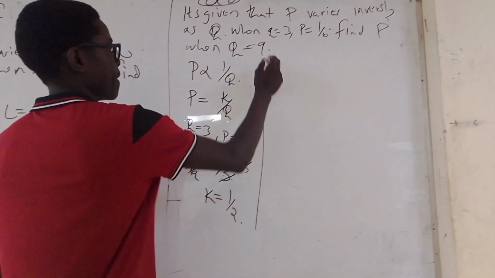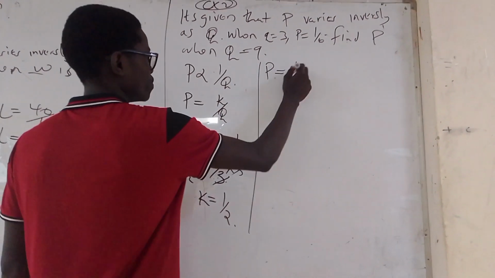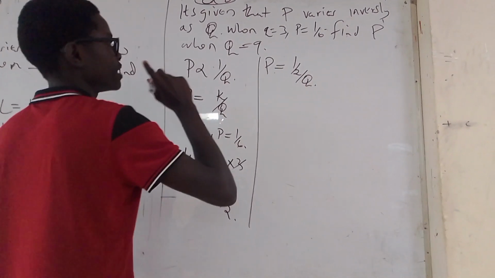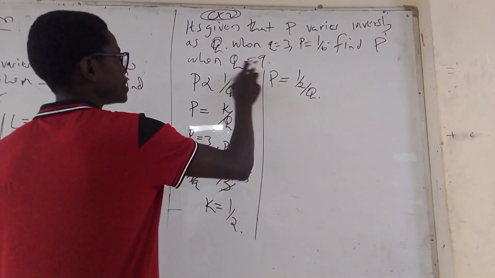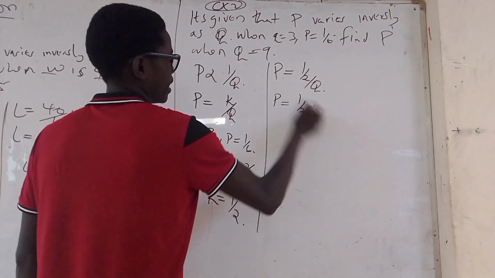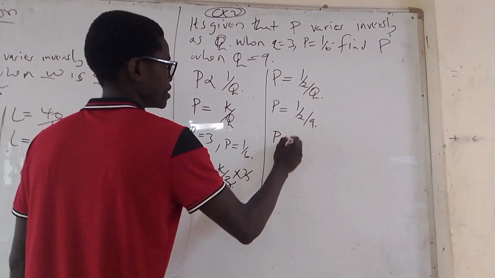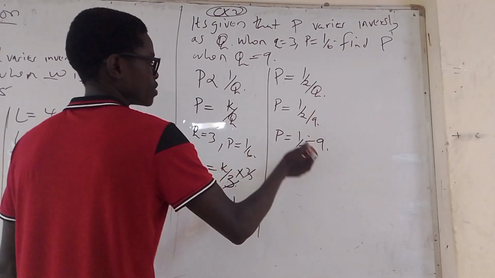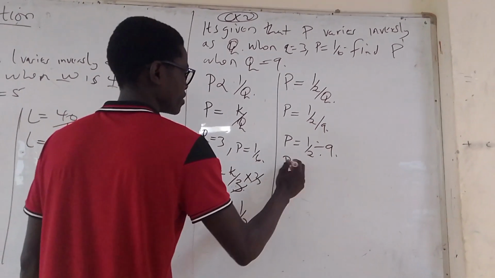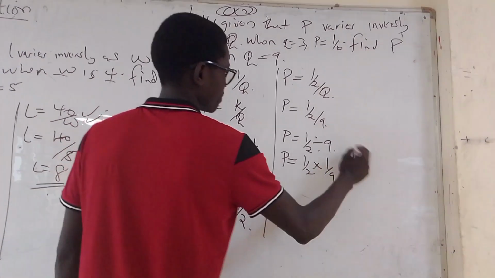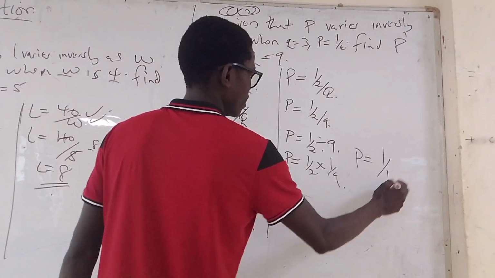We say P is equal to a half over Q. Then we need to get the value of P when Q is 9. So P is equal to a half over 9. That is P is equal to a half divided by 9. So we change this to P is equal to a half times 1 over 9. So we get that P is equal to 1 over 18.